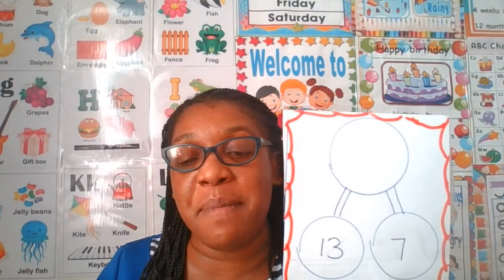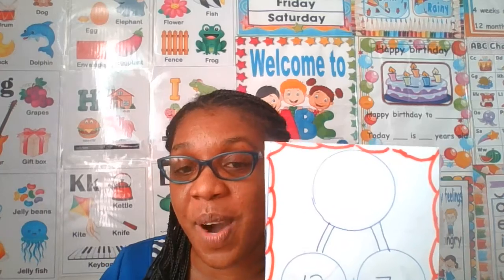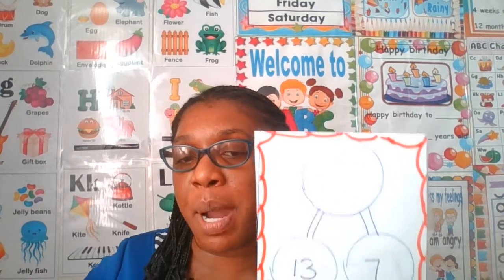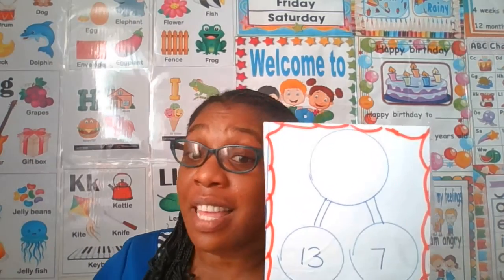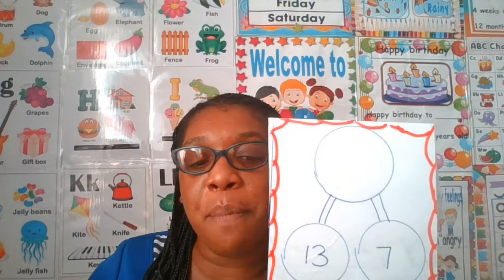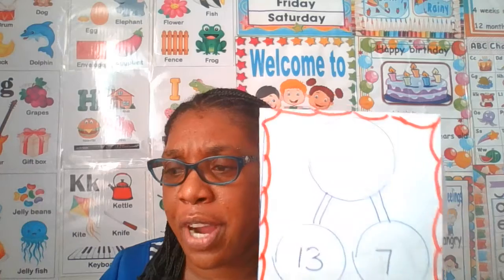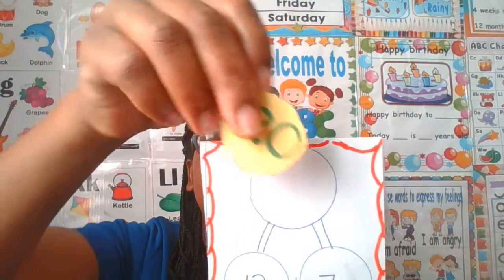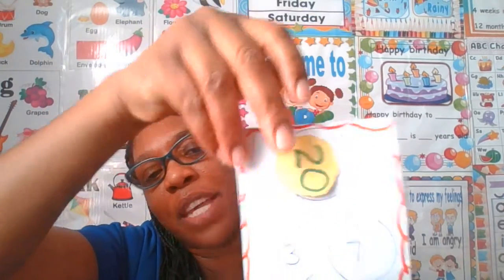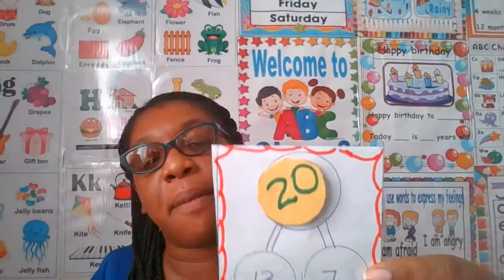I know my number bonds. 13 plus 7 equals 20. 13 plus 7 equals 20. number bonds, number bonds. That make 20. Number bonds, number bonds. That make 20. 13 plus 7 equals 20. 13 plus 7 equals 20.